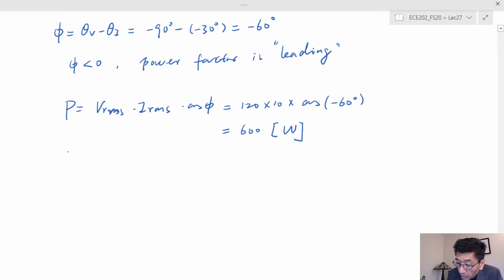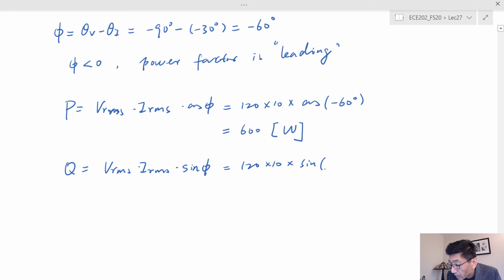And for Q, that's equal to V RMS times I RMS times sine phi, which is 120 times 10 times sine of negative 60 degrees, and that is equal to negative 1039. The unit for this is volt-ampere reactive.